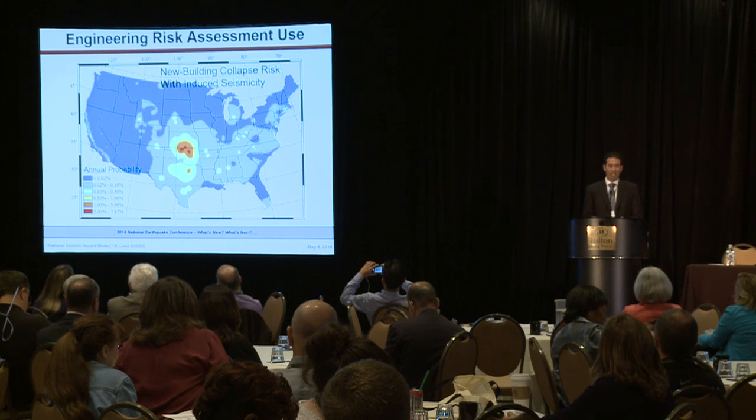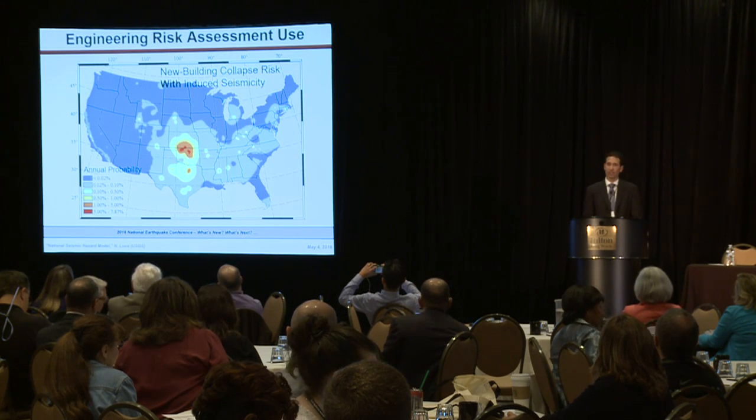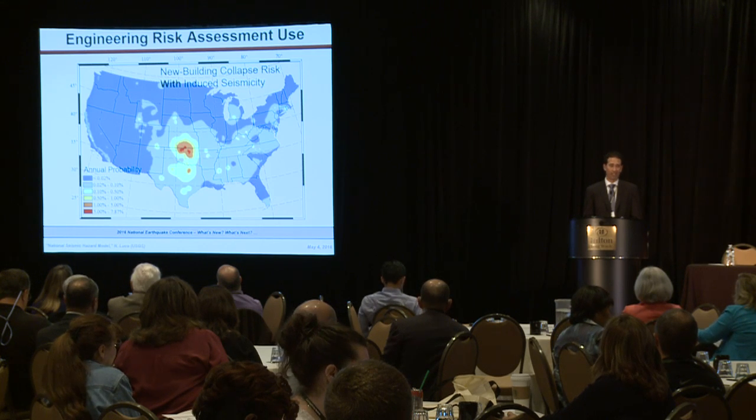This is just because of the huge increase in the frequency of earthquakes in this area. If we really believe that our risks have gone up this much in terms of buildings collapsing, it really is a motivator for some sort of mitigation. And we're starting to see that, with regulations on wastewater injection and such.